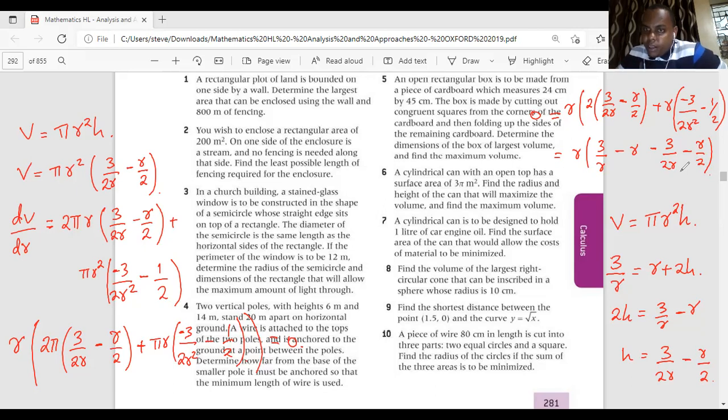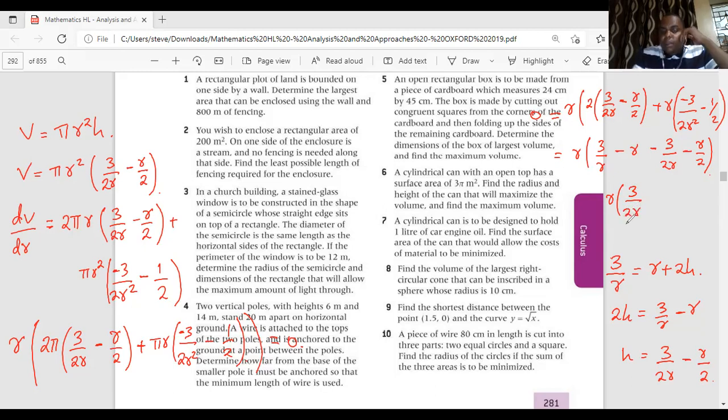You have 3 over r minus 3 over 2r. So 3 over r is the same as 6 over 2r. So if you subtract 3 over r minus 3 over 2r, you get 3 over 2r, right?